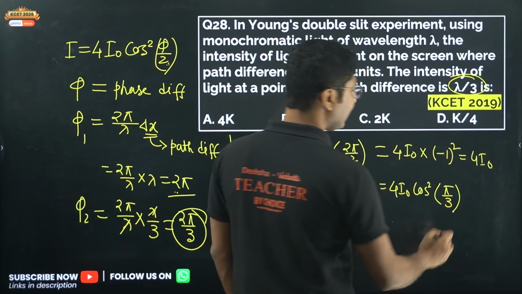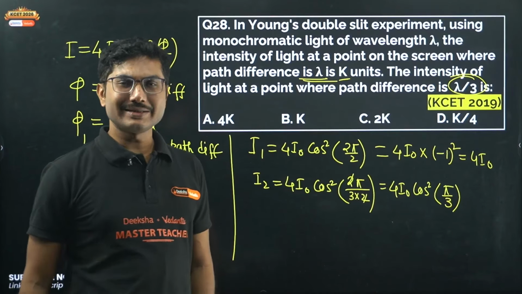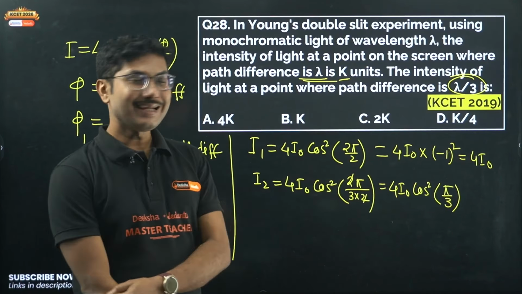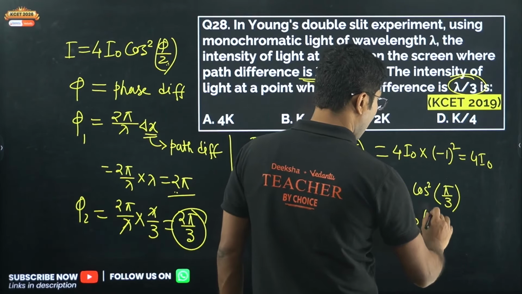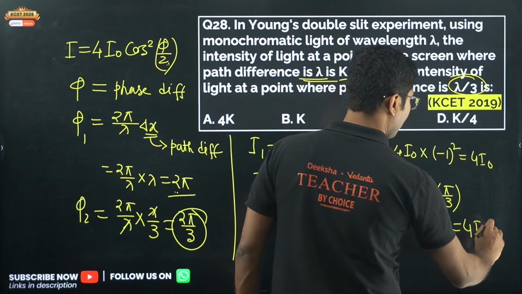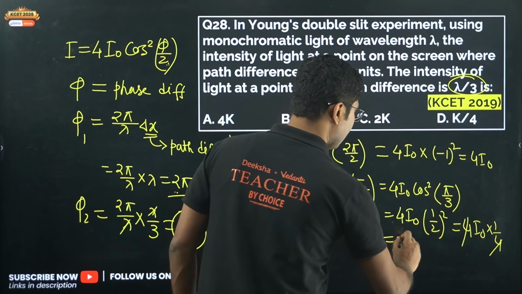What is pi by 3? Pi by 3 is 60 degrees. What is cos square 60 degrees? Cos 60 is half. Cos square 60 degree is 4I0 into half square, that is 4I0 into 1 by 4. 4 and 4 cancel, and we get this equals I0.